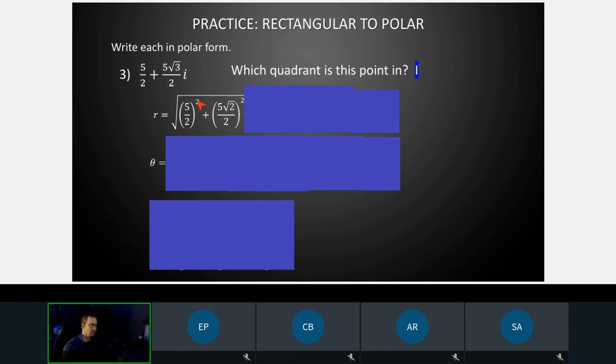So you may have to square this fraction and write what you get over here, square this fraction and write what you get over here, and then type that sum to get the actual sum of those. Then once you have that sum, you can do the square root of that sum. And that might keep you from having decimal form.